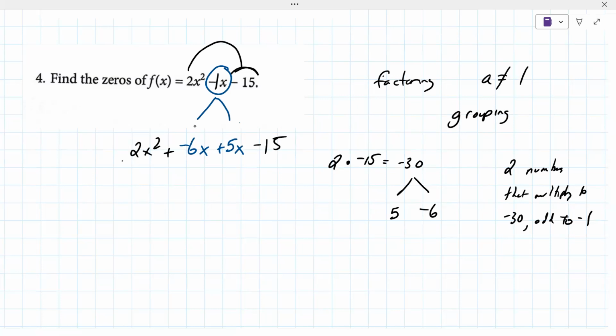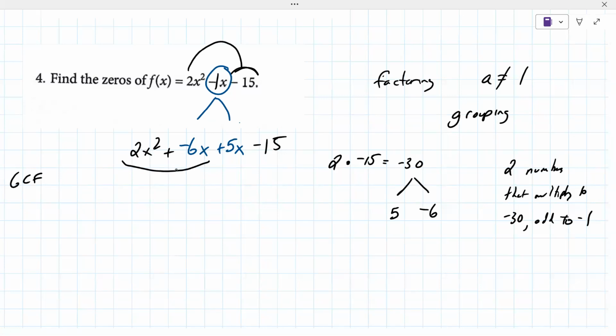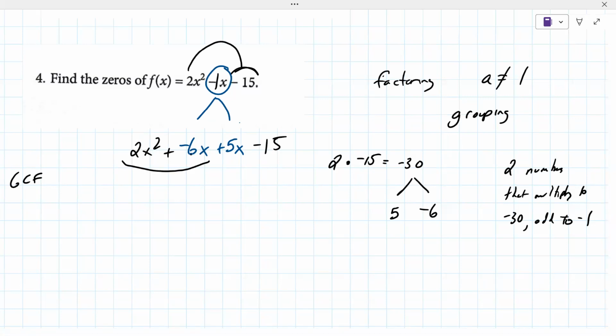So now the first two, you find the GCF, the greatest common factor. What is the greatest common factor between 2 and 6? What number goes into both? It's 2, and then there's 2x.